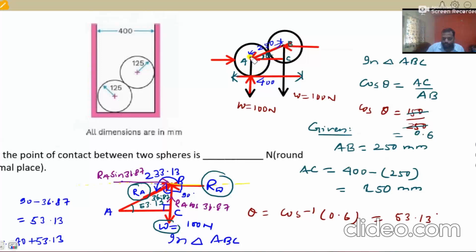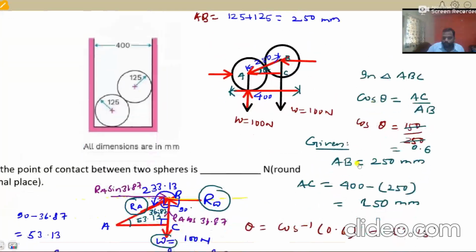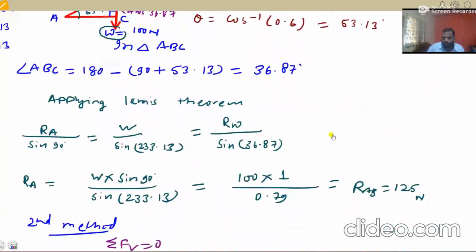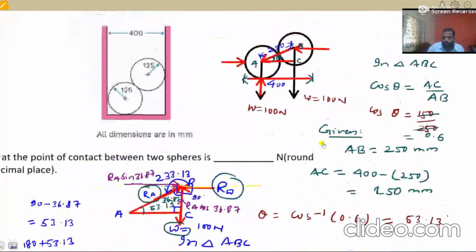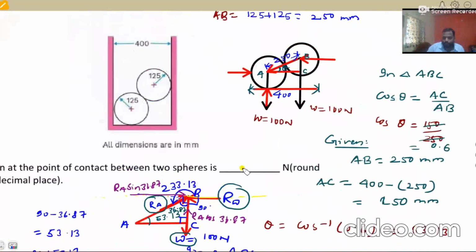To avoid the complexity, I use the earlier point. This is the result. The result is 125 Newton. It is required in Newton.